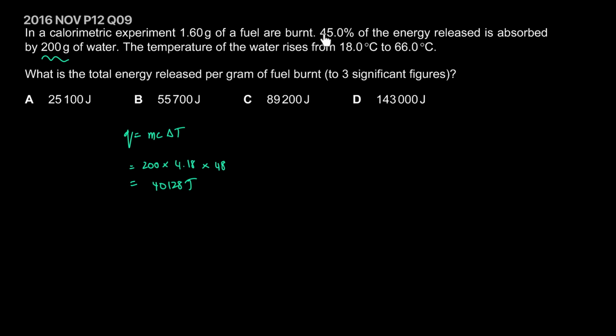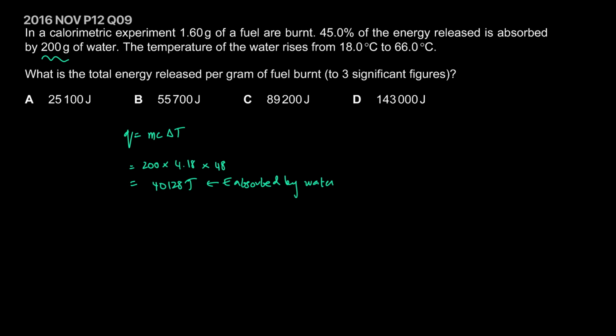Now, of course, this is not the total amount of energy that was released. The question tells us that 45% of the energy released was absorbed by the water. So we figured out how much energy was absorbed by the water, and we know that this is 45% of the total amount of energy.